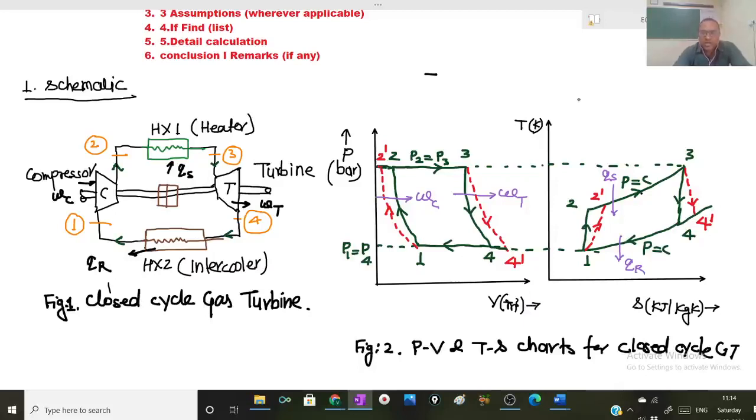So just to represent that something has happened between 1 and 2 dash, I have joined these two states by dotted line. Okay, so please take care. You always draw irreversible or actual processes by dotted line. In some of the books, the reverse convention has been followed, but that is wrong. Okay. So this is the required schematic of the system involved in the given problem.